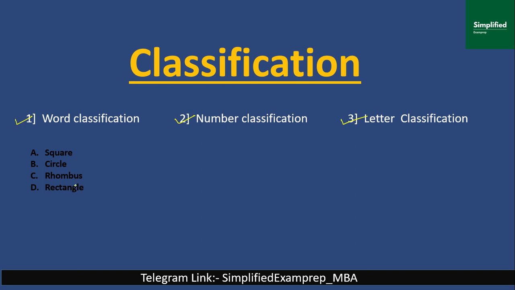Now any three elements follow the same pattern or rule, but you have to find that one element which doesn't follow that rule. Now see what the correct answer is here. Make sure you pause this video and solve it by yourself, and write your answer in the comment box.